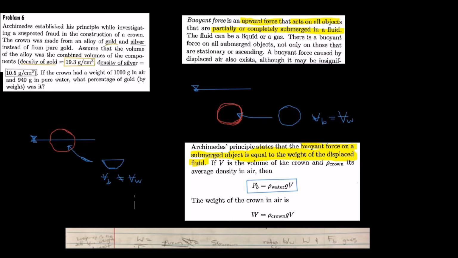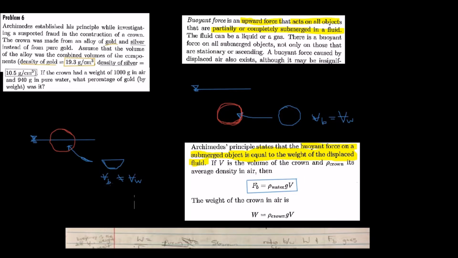Okay, so as you can see, I've drawn out two different cases for this crown. This red ball represents the crown, and it's submerged in the water. And as you can see, the volume of buoyancy will be the same as the volume of the weight. But in the other case, since it's only partially submerged, we only have half of the volume of the weight.